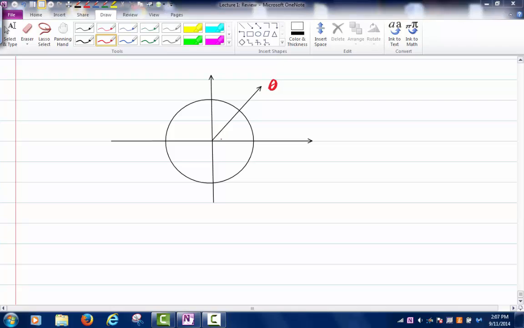Well, notice that theta plus 2 pi would be right here, right? And if I take theta minus 2 pi, still I get the same terminal side, right?